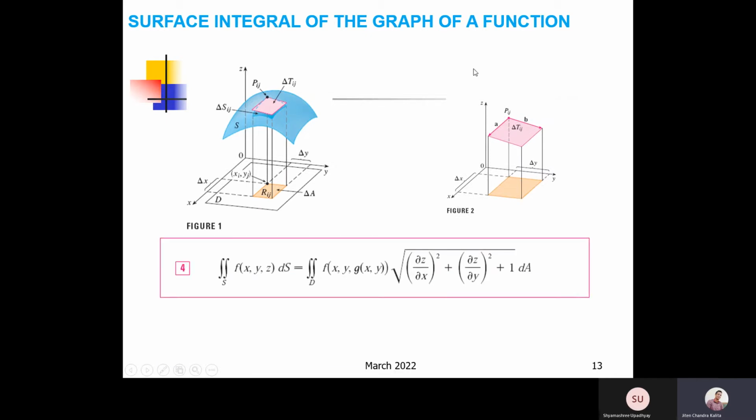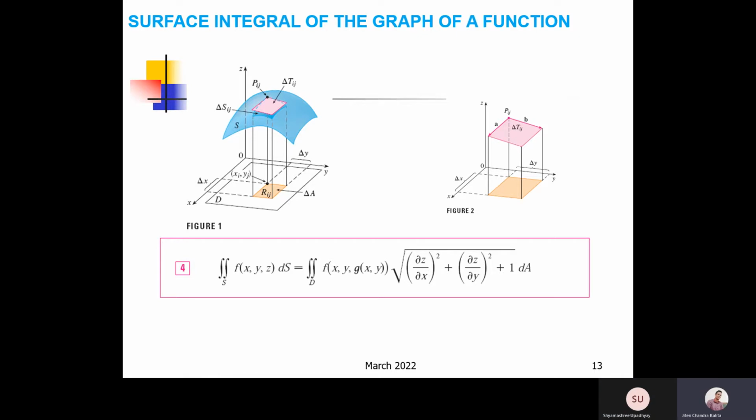See, if the surface is given by z equal to g of x, y, then this converts into this one, because you know that the expression under the radical sign is simply the magnitude of Rx cross Ry. Is it okay? Fine. So this is the way we are going to do it.